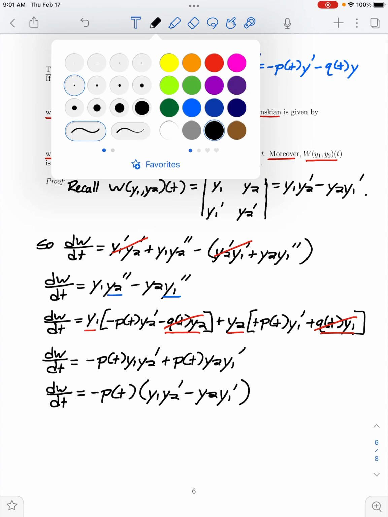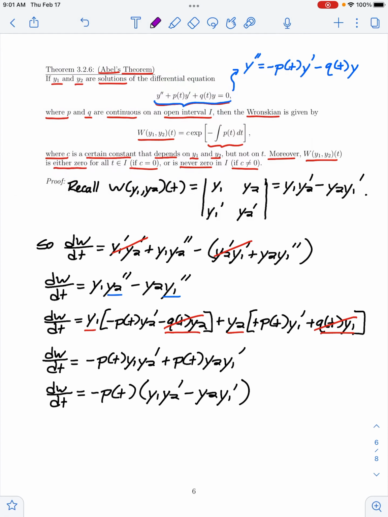So this expression that we're left with after we factor out our p of t term is exactly the definition of the Wronskian for these two solutions, y1 and y2.